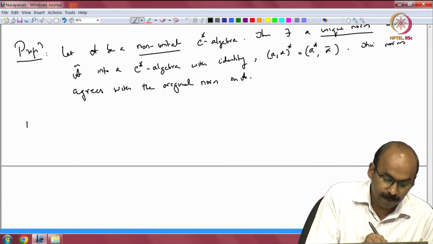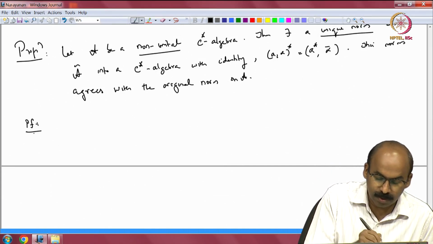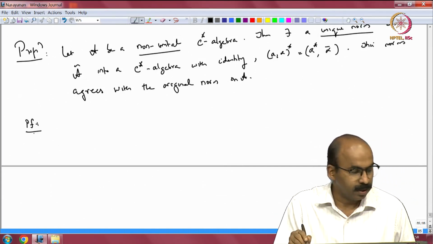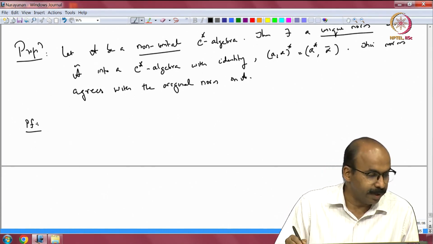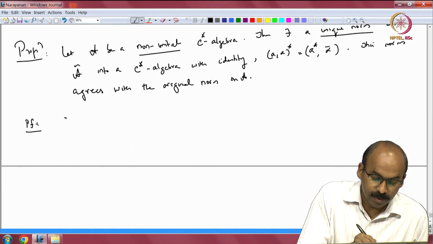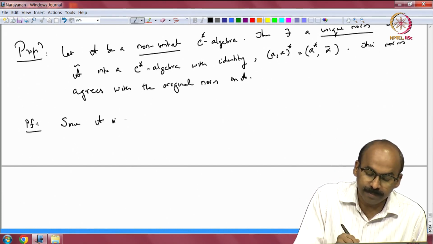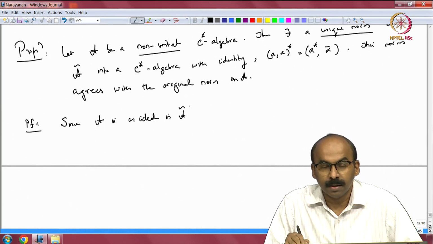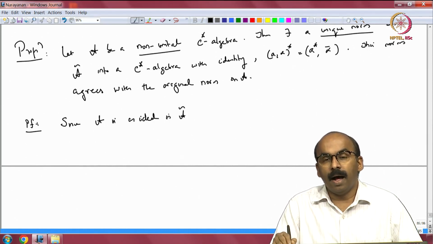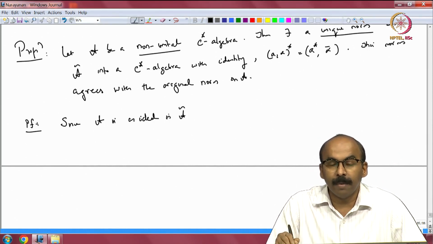So, proof. This is a slightly lengthy proof, not too difficult, but at the same time slightly involved. Since A is an ideal in A tilde, one can act A tilde on A by multiplication.